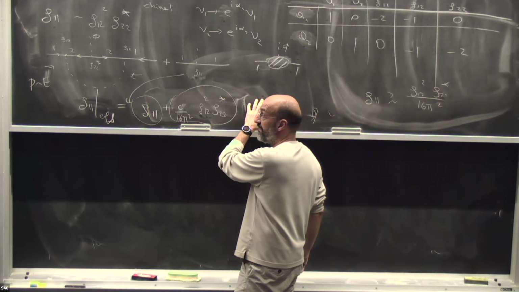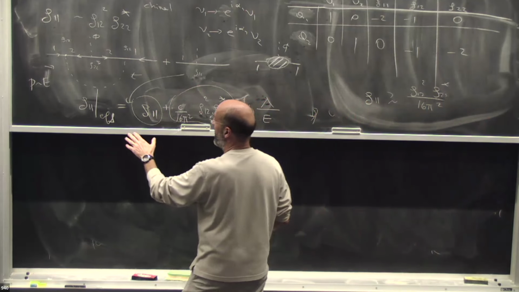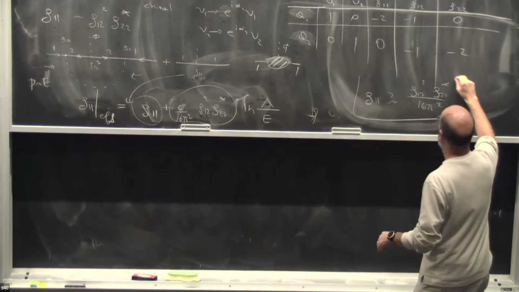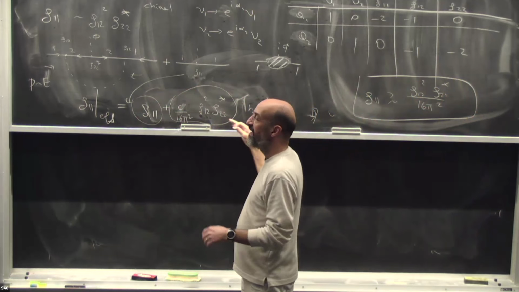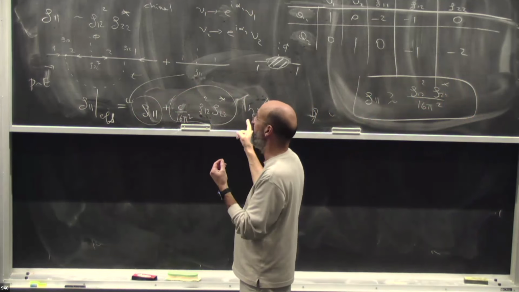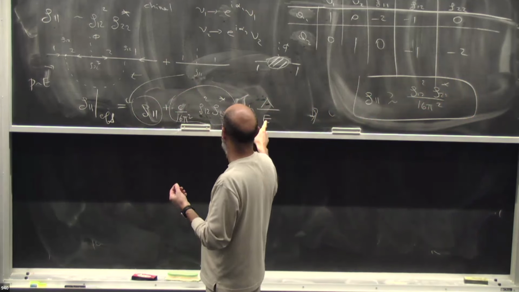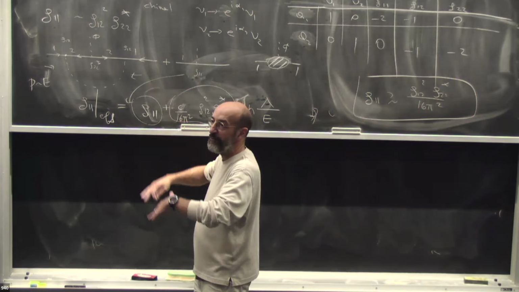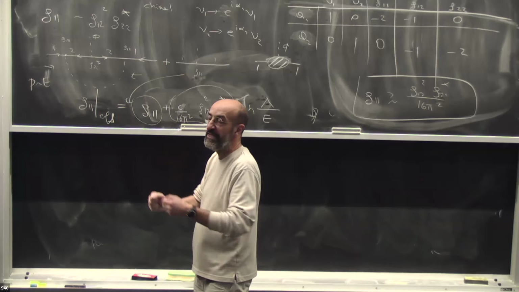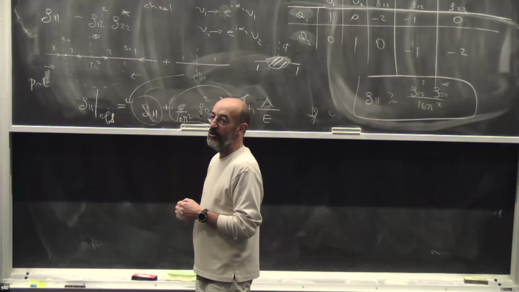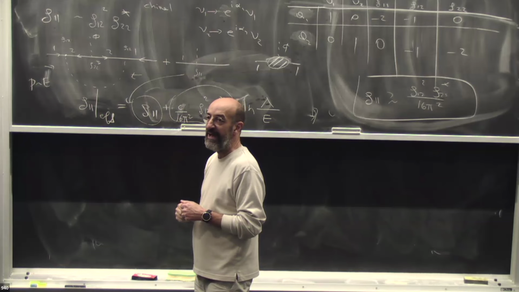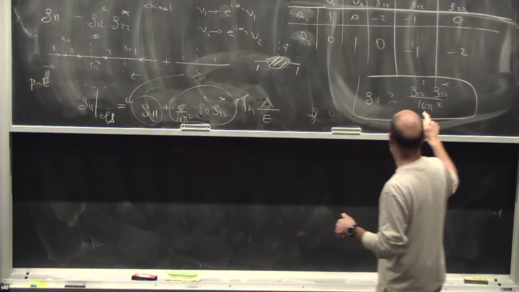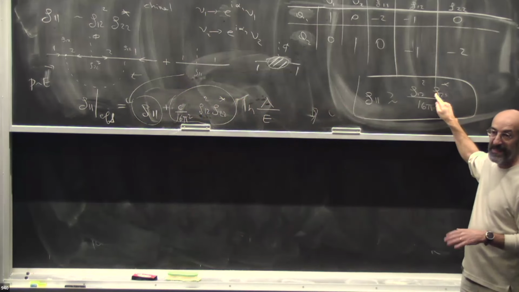But a situation where G11 is less than this, if you look at this formula here, can only be achieved at some specific E. Imagine there is an E for which this cancels, let's say at some lower E. But as soon as you move away from that particular energy, which is like asking your lab technician to tune the energy of your experiment, G11 is bigger than that. Is that clear?